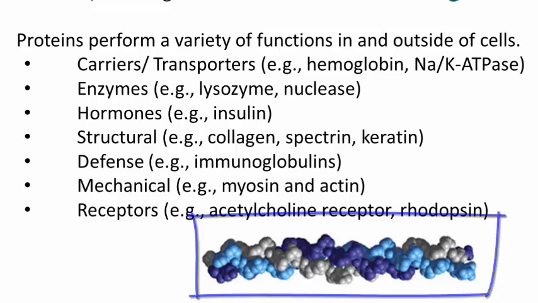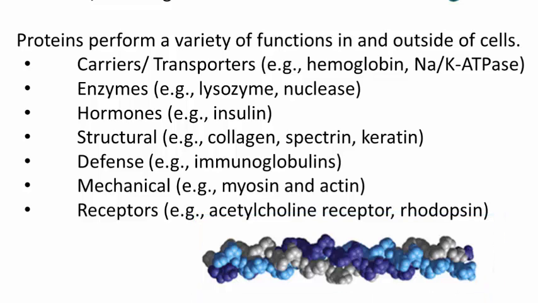It's like a long rope or fiber with three strands wrapped around each other. Spectrin is a protein inside living cells that forms what is called a cytoskeleton. That is, it gives internal structure to cells. And keratin is a protein that we find in our hair, in our fingernails, and it's also the main component of spider web. So it is a structural protein as well.